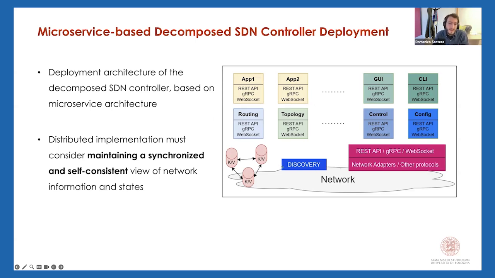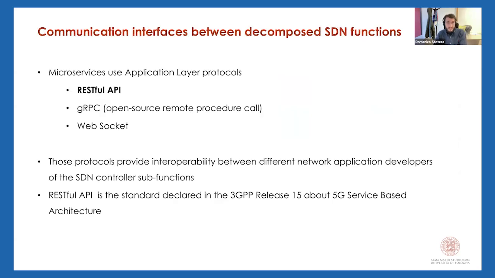And also there is a network state that should be synchronized for sure. And also a discovery protocol for discovering the application. This is the application protocol layer that we used.